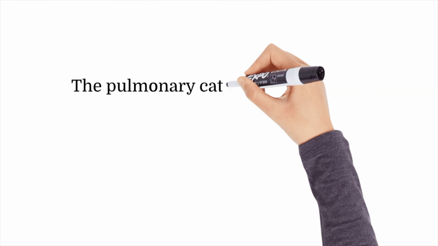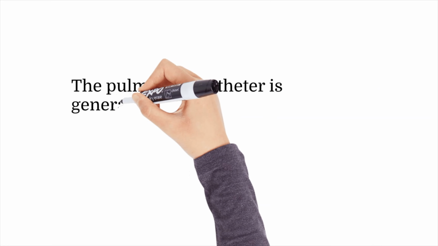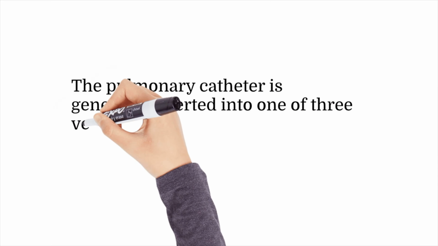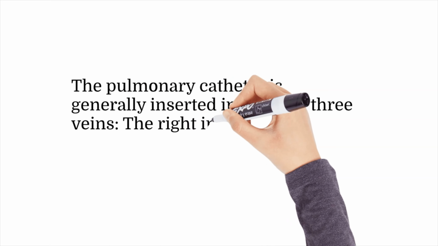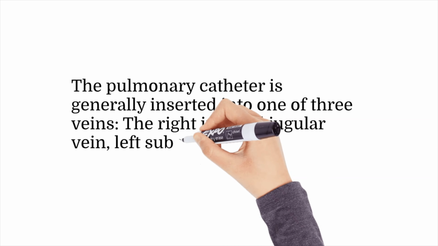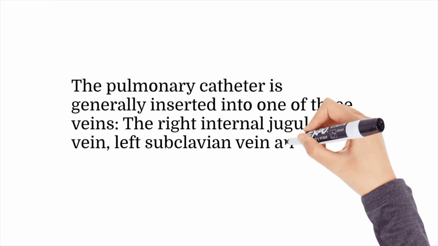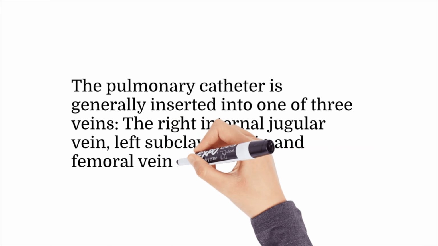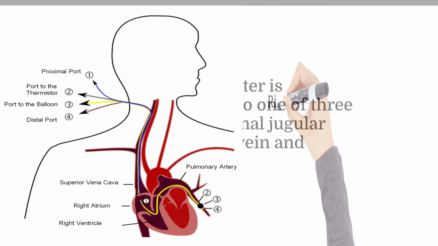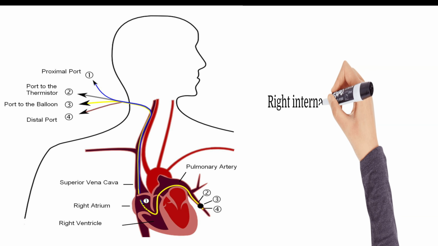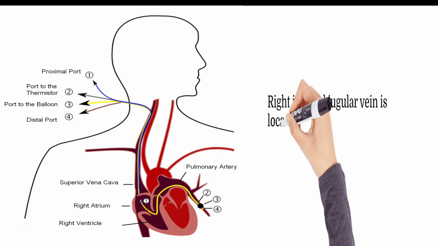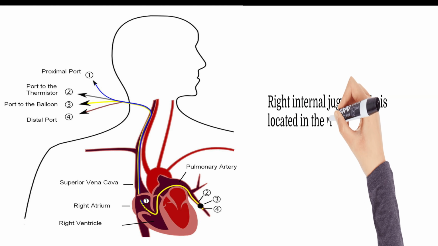The pulmonary catheter is generally inserted into one of three veins: the right internal jugular vein, left subclavian vein, and femoral veins. The right internal jugular vein is located in the neck and is the shortest, most direct path to the heart.